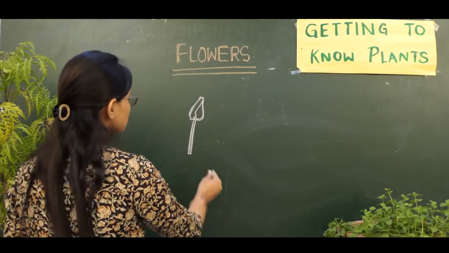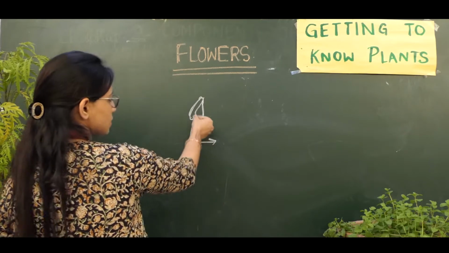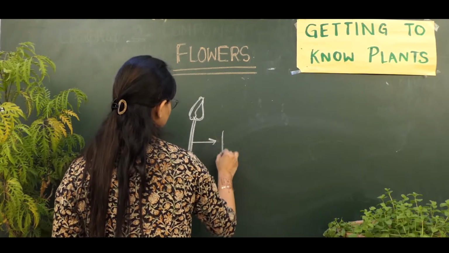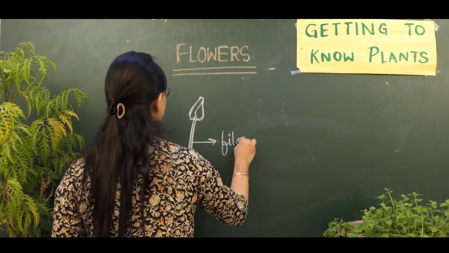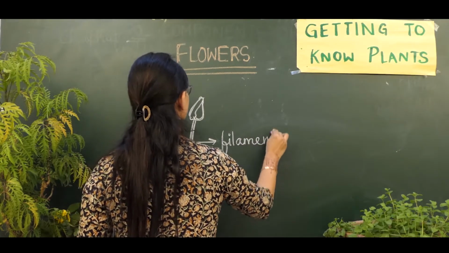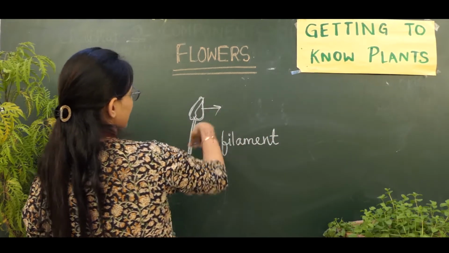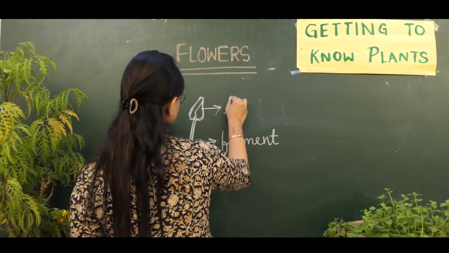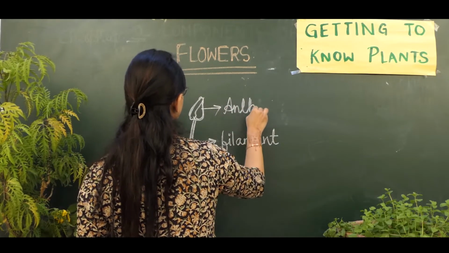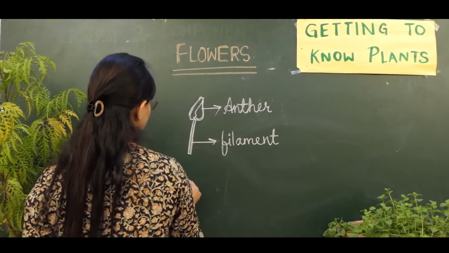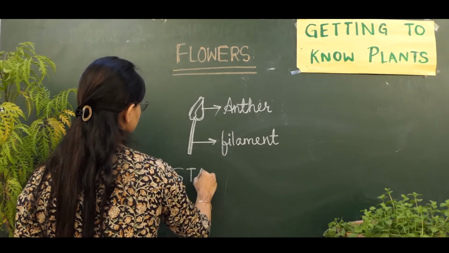Okay? So this long thin thread-like structure is called filament, and the top head is called anther. This is the structure of a stamen.